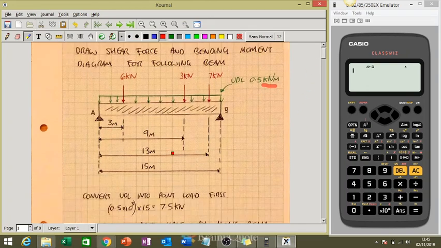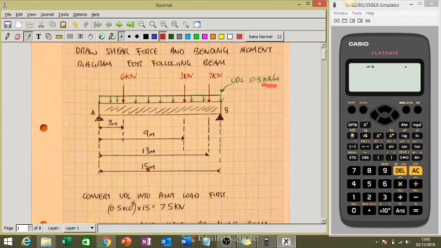First of all, you've got to convert the UDL into a point load, because we need to take moments to work out this reaction and this reaction. To convert that into a point load, we multiply by the length it acts over.